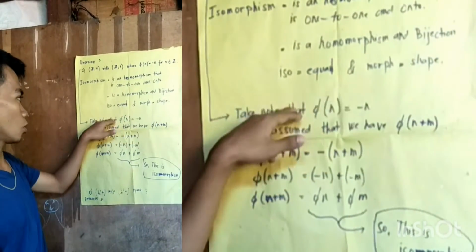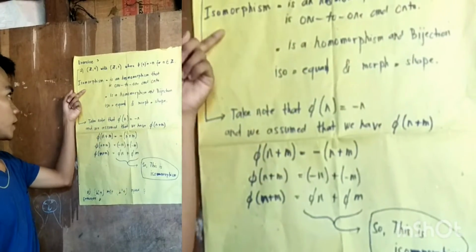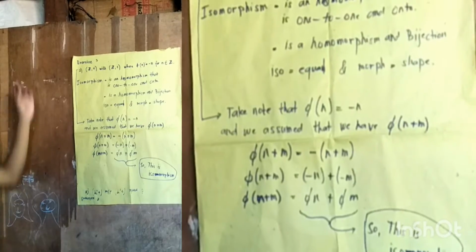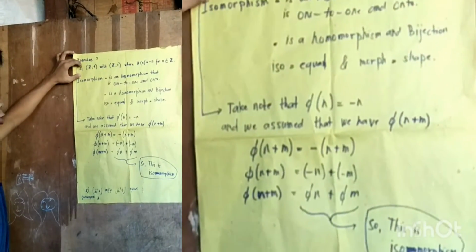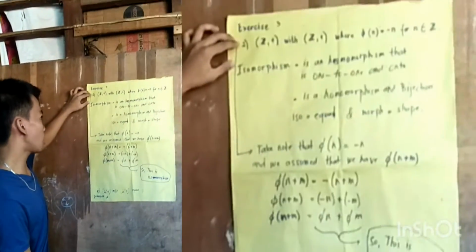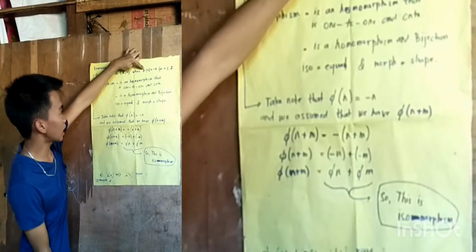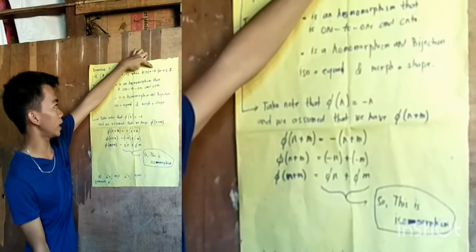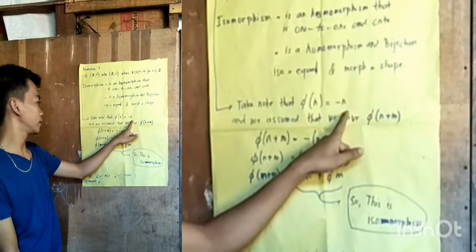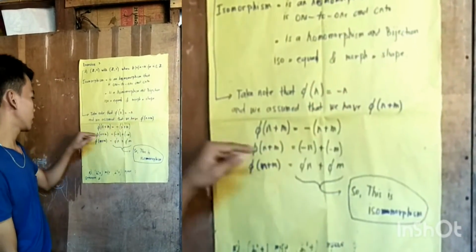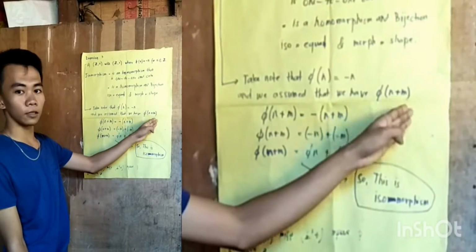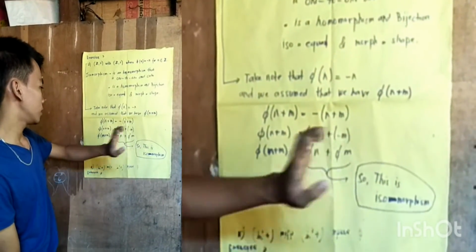These two are derived from the word isomorphism. So let's identify if this is an isomorphism or not. Take note that in our problem we have φ(n) is equal to negative n, and we assume that we have φ(n plus m).